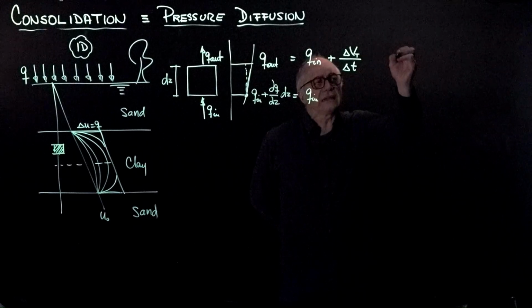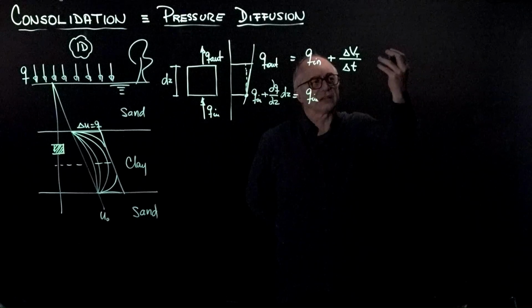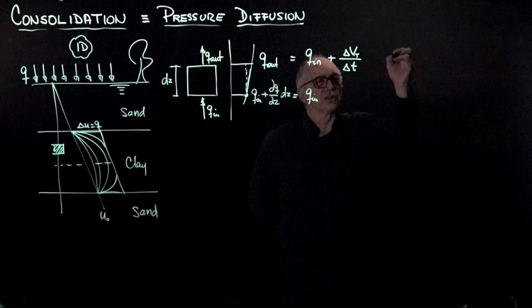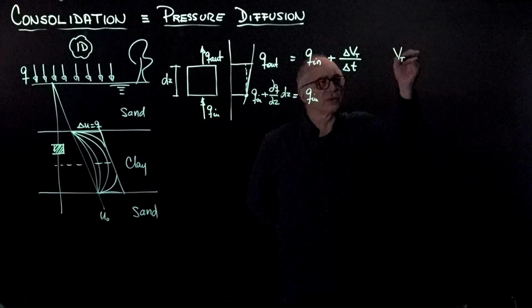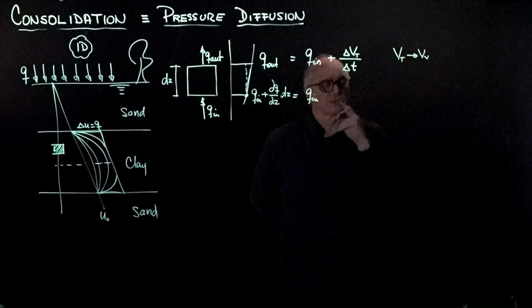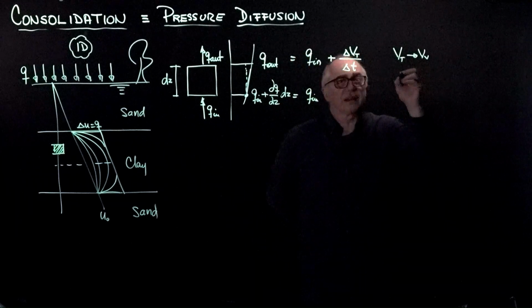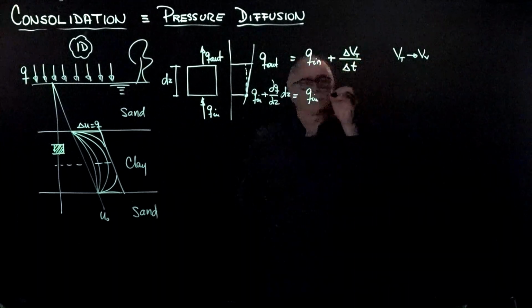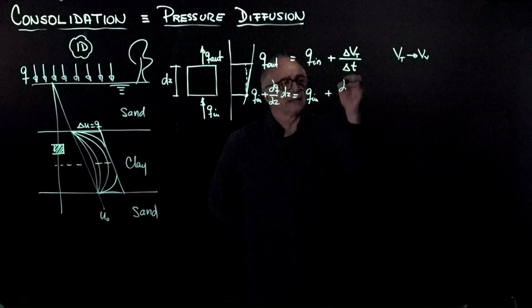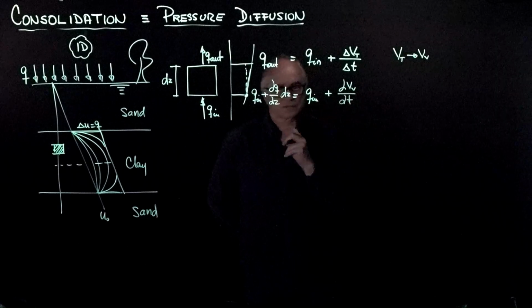But really, when the total volume is changing, what is actually changing is the volume of voids. So from the volume total, we are going to refer to the volume of voids. And so now we can replace these quantities by the volume of voids with respect to time.